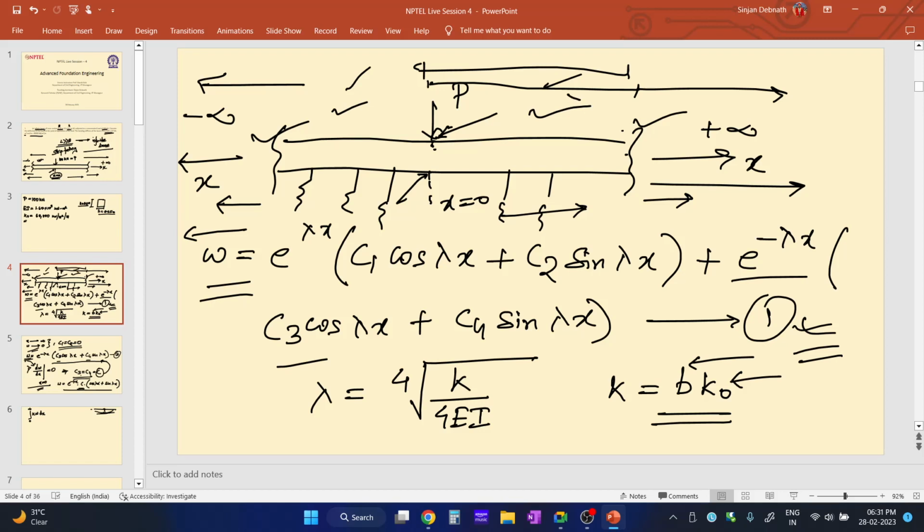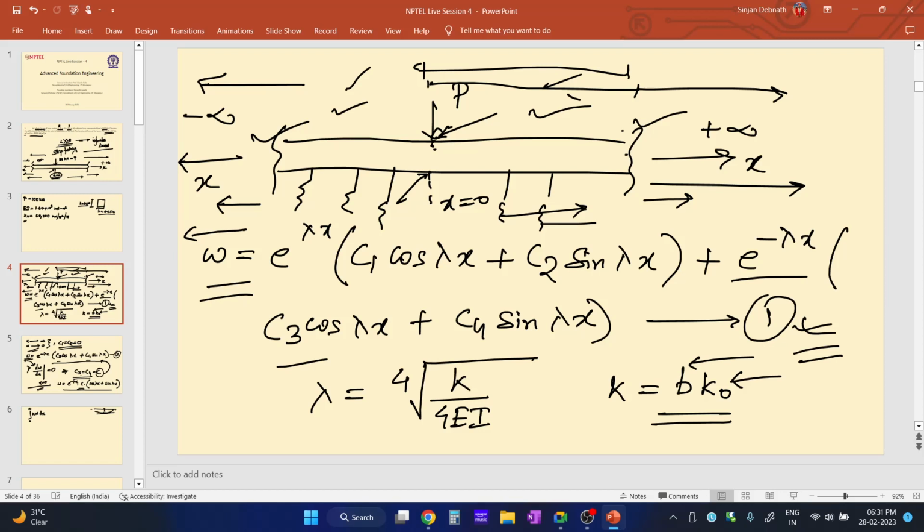Load P is acting, and the soil is also providing resistance through the springs. If we consider the right hand part, what will be the reaction forces? Suppose this is a spring.